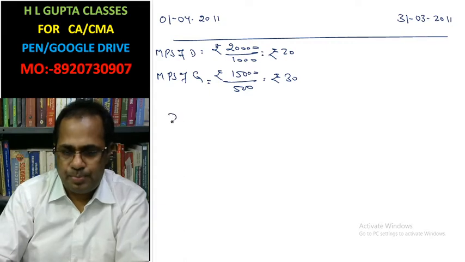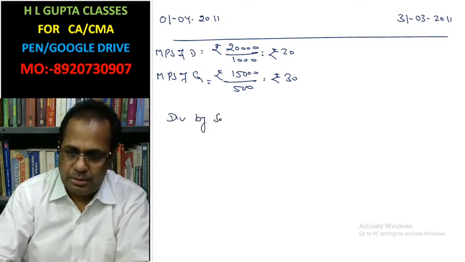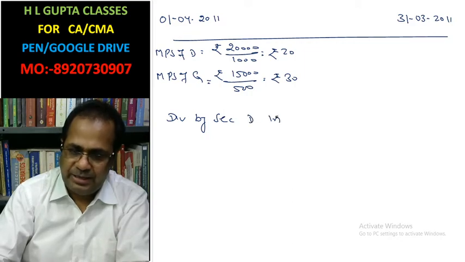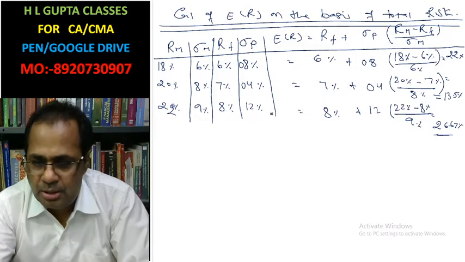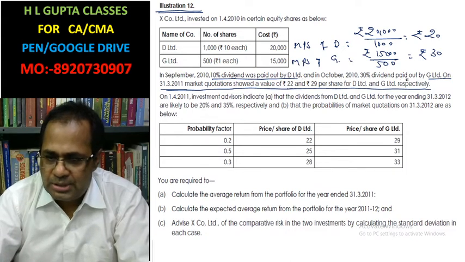You have received a dividend by security D in September, 10%, and 30% dividend by G in October.